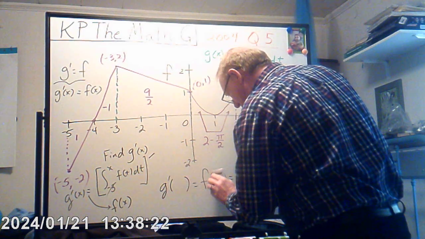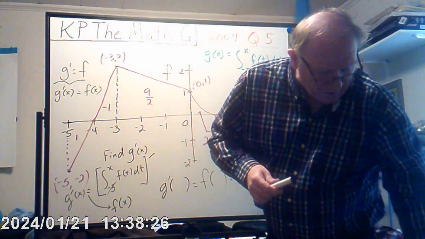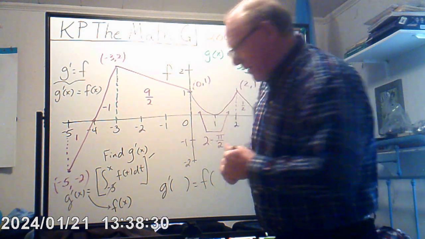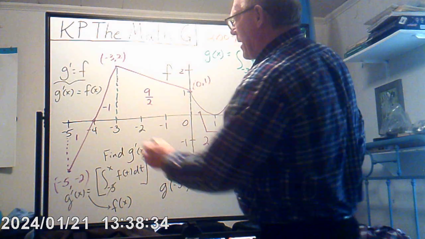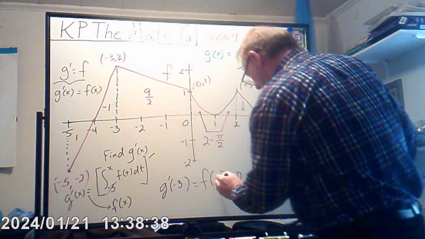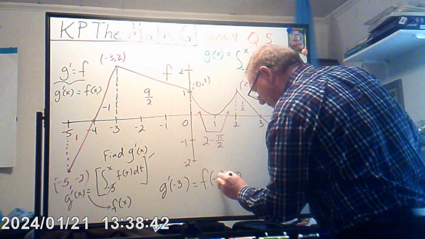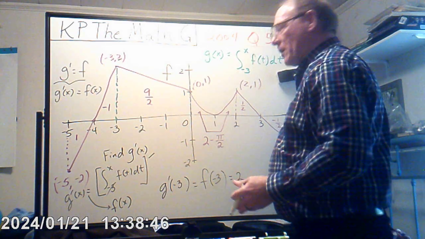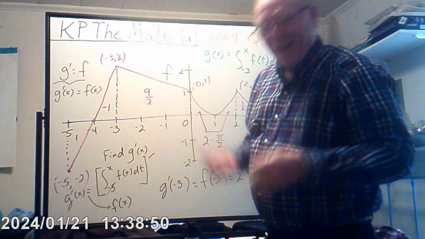I'm going to just leave this alone and keep plugging in. We can pick any number we want. G prime at -3 is, I already know, 2. That is f at -3, which in this case is 2. You're looking for the y value, that's it. How simple is that?